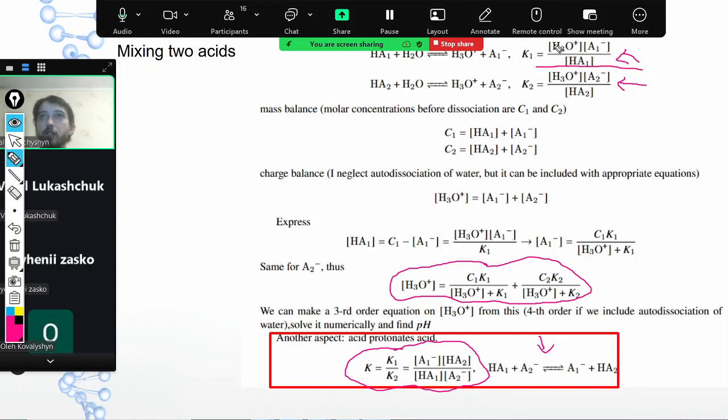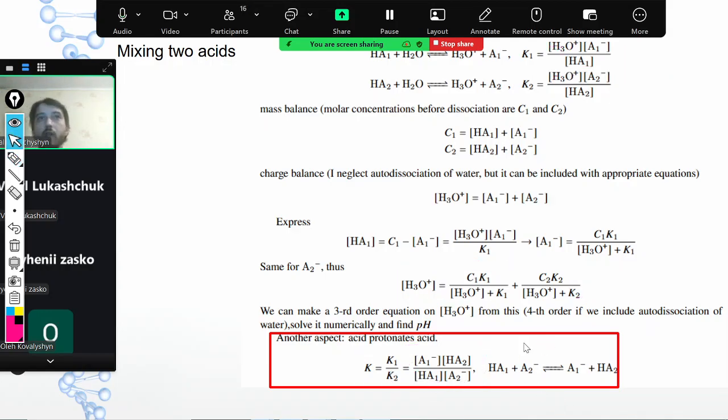So this goes away and this goes away. Now this will go up and this will go down. And here is what I get. And this equation corresponds to this process. So when mixing two acids, you get something like one acid protonating another acid. So that's what we get.